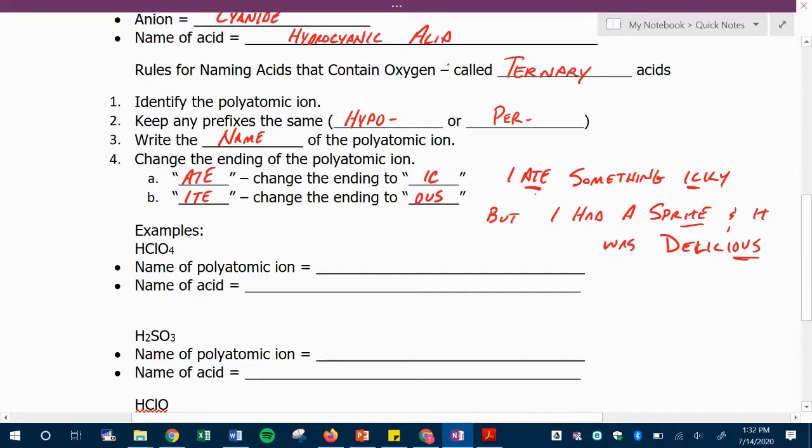All right, let's look at some examples now. Our first example is HClO4. We look at the polyatomic ion list to figure out what ClO4 is, and ClO4 is perchlorate. Remember, there's no hydro involved, so it's just perchloric acid.